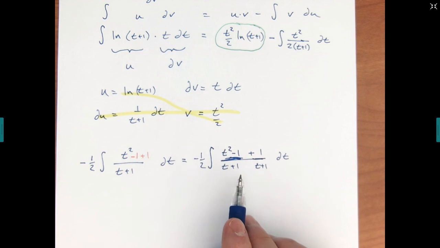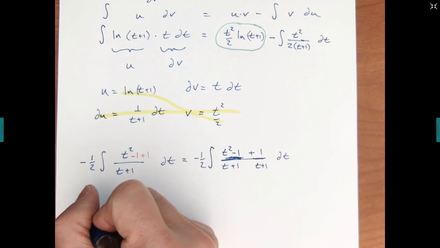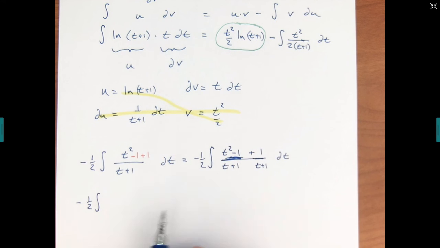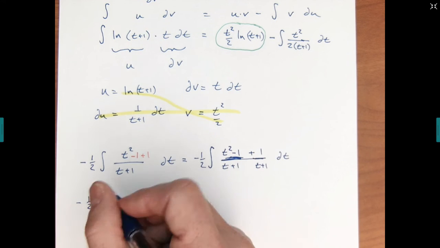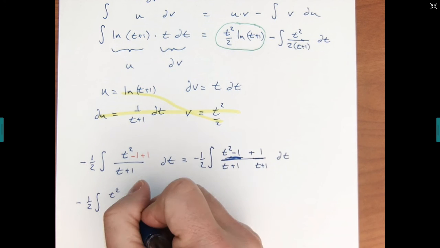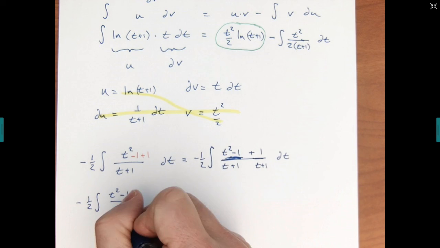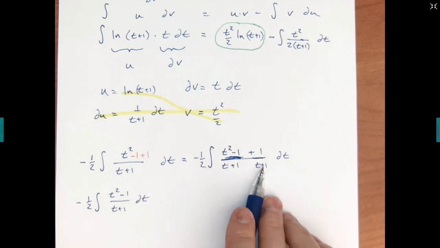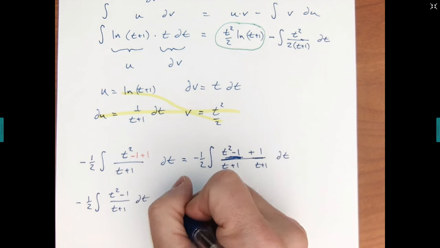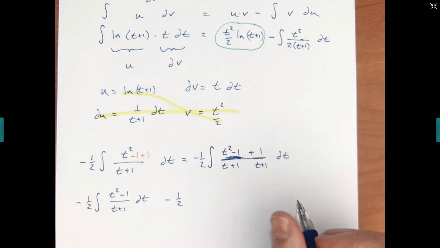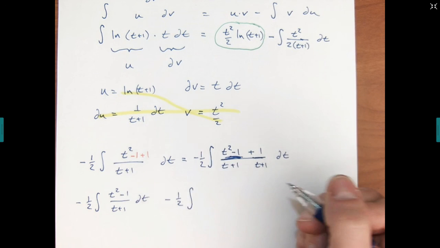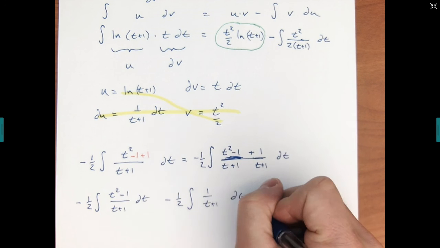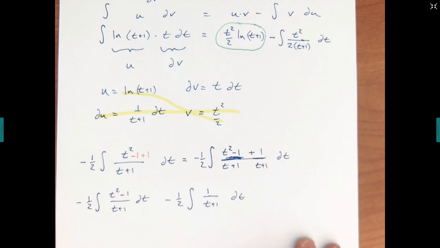And what I'll do with this one is I'll rewrite it just a little bit nicer as two indefinite integrals. So I have the negative 1/2, and I'm going to write the t squared minus 1 over the t plus 1 dt. And then I'm going to write this other fraction, minus 1/2 in front of it, of course, 1 over t plus 1 dt. This makes it pretty easy to work with.